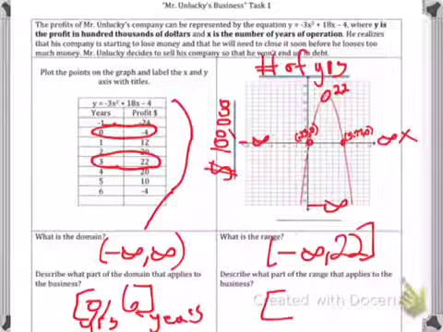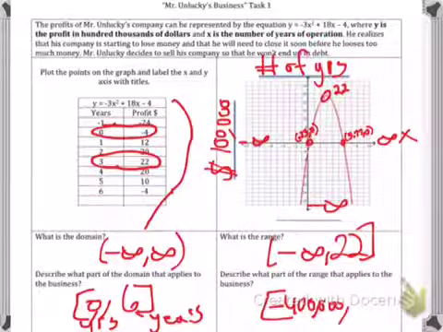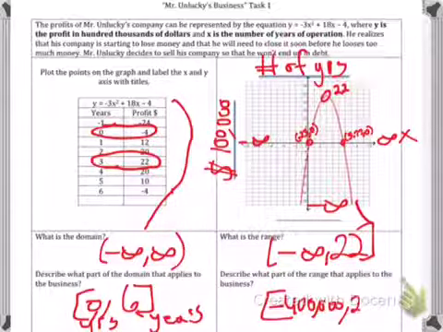It'd be from 0 because, well, at 0 years you start off at negative 400,000, so we'll start there at 0 years, so negative 400,000, and all the way up to the highest point, which will be 2,200,000.